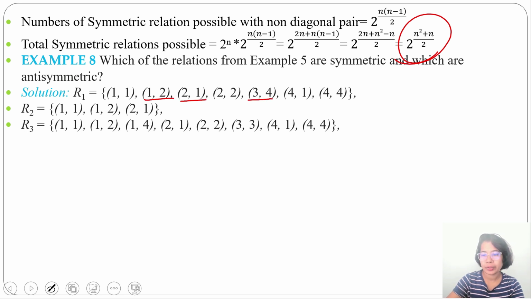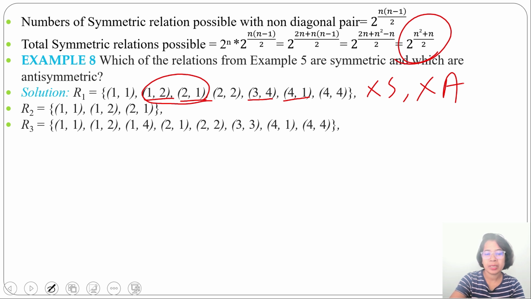Then (3,4) is present, (4,3) is absent. (4,1) is present, (1,4) is absent. So this is not symmetric, and it is not antisymmetric also, as there is a pair present, (1,2) and (2,1), and 1 is not equal to 2. So not antisymmetric. Is it reflexive? Here (1,1) present, (2,2) present, (4,4) present, but not (3,3).